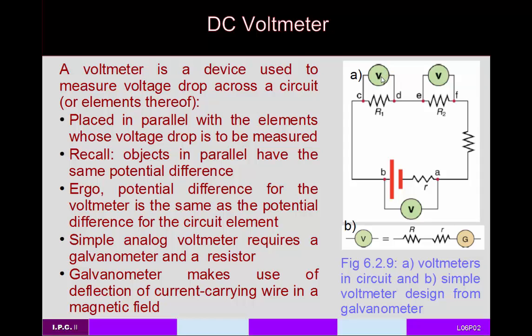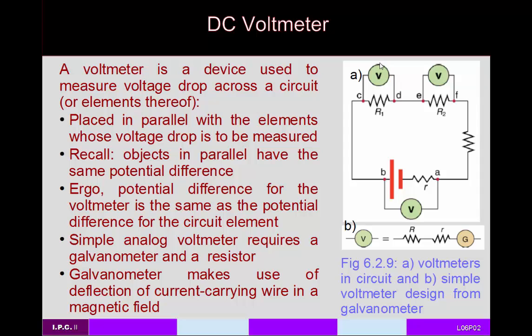Because it's dealing with the deflection of a current carrying wire, when you stick this voltmeter in parallel with this resistor, you're going to end up pulling a tiny amount at least of the current out of the circuit to go to the voltmeter.